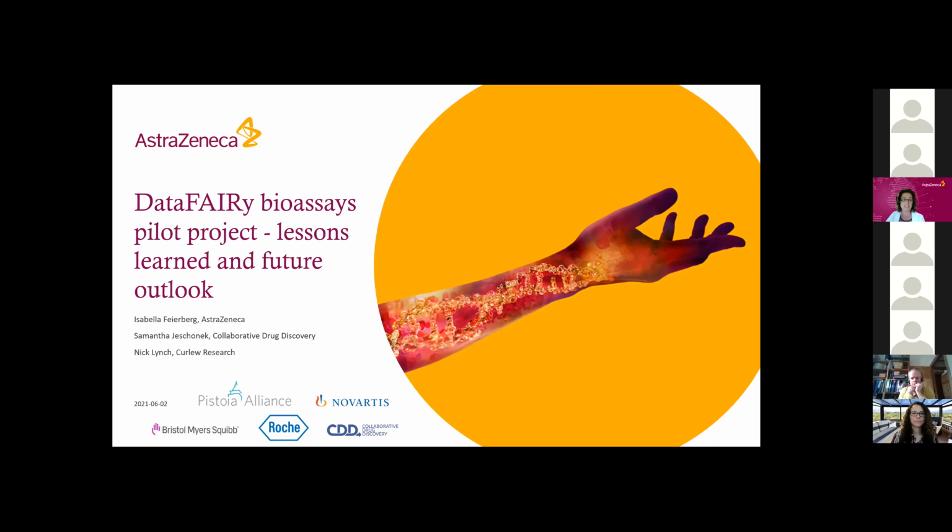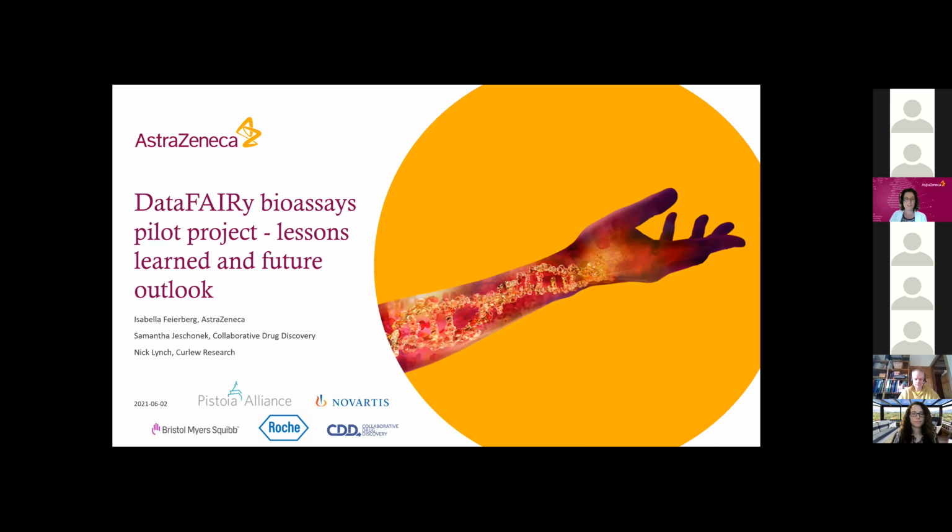And Nick Lynch is the founder of Curlew Research, but was also a founder of the Pistoia Alliance. We're here today to talk about the DataFAIRy project, which is a pre-competitive multi-pharma collaboration about enabling data science. As you can see on the bottom of this introduction slide, the companies that were involved, apart from AstraZeneca, are Novartis, Roche, and BMS. And we were also collaborating with Collaborative Drug Discovery for the tech part.